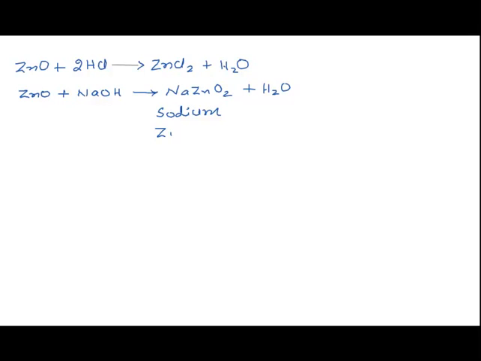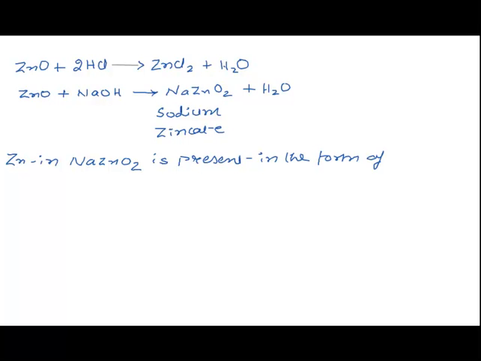Now remember, zinc in sodium zincate, that is NaZnO2, is present in the form of ZnO2 minus ion.